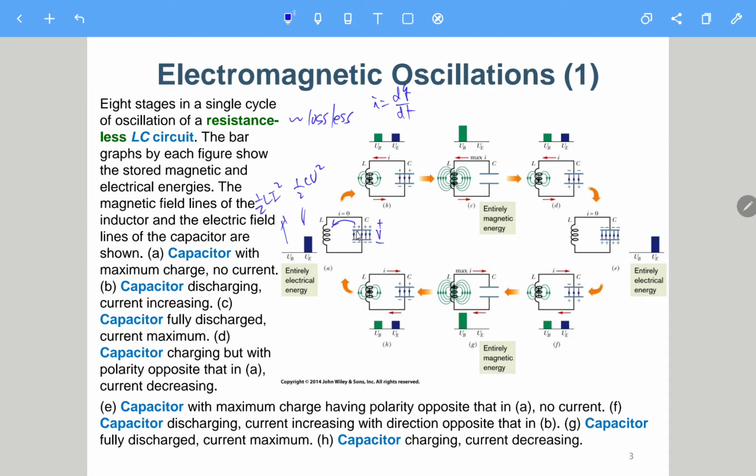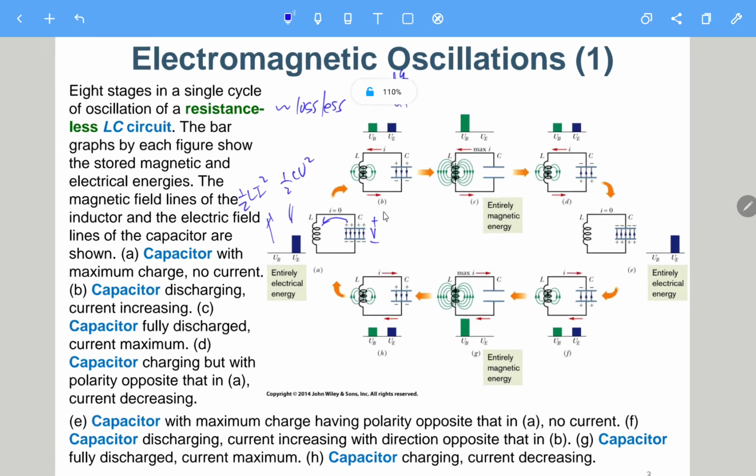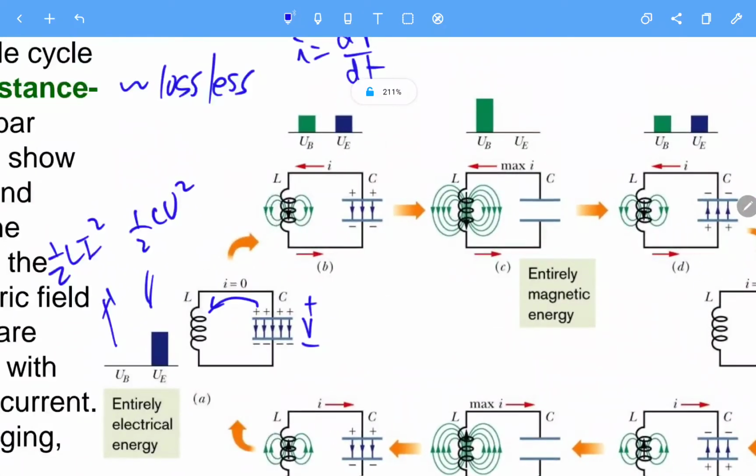So as it starts to discharge, there will be some current. So I is counterclockwise for figure B. Maybe let me just enlarge it a bit. In this case, the charge amount becomes less, so the E field here also becomes smaller.